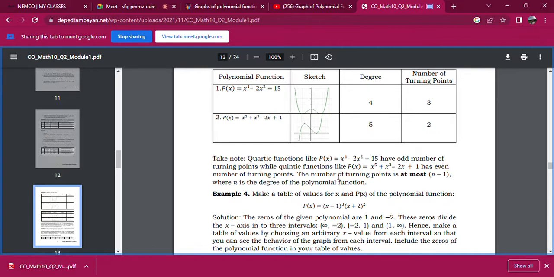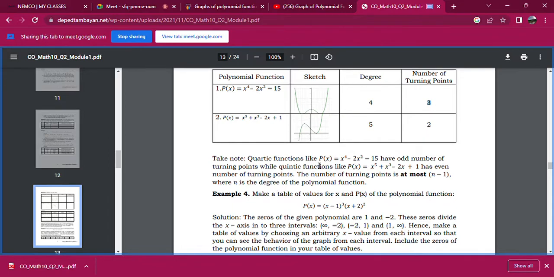The number of turning points is at most n minus 1, where n is the degree of the polynomial function. So you just have to deduct 1 from n. For example, if 4 is your highest degree, you subtract 1 and that gives the number of turning points.